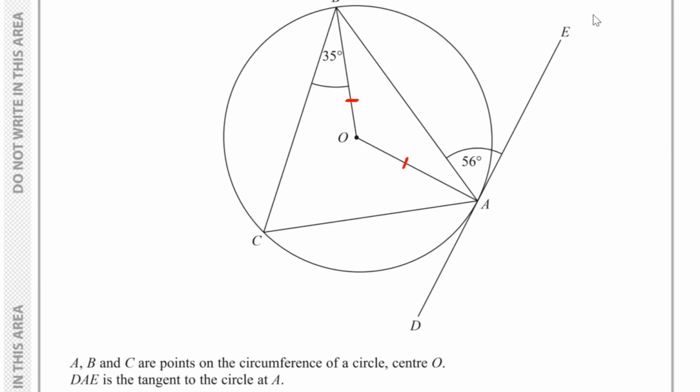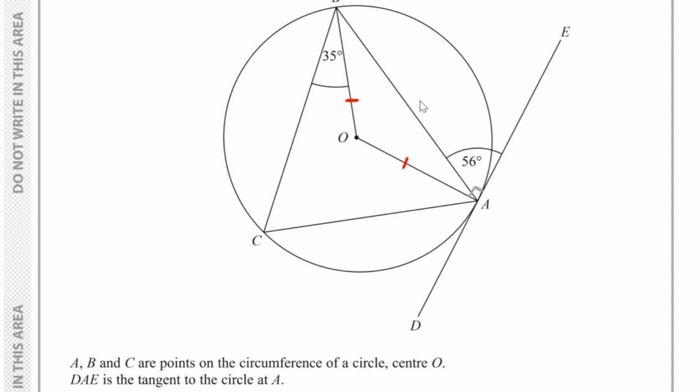Now, because we've got a tangent meeting the circle exactly once, that means that we have 90 degrees here.